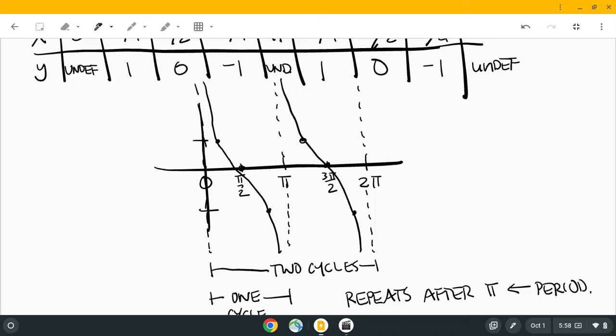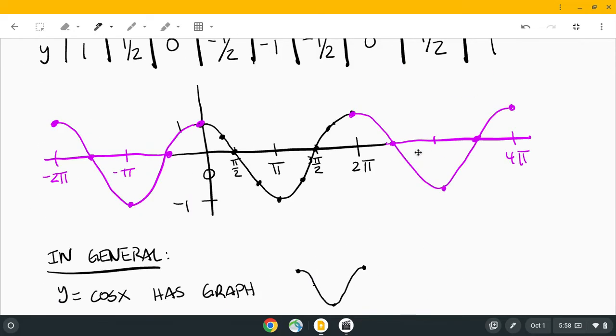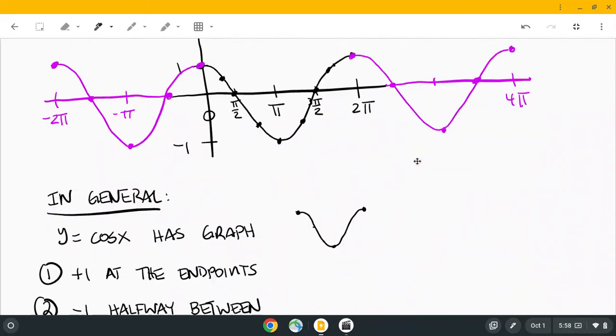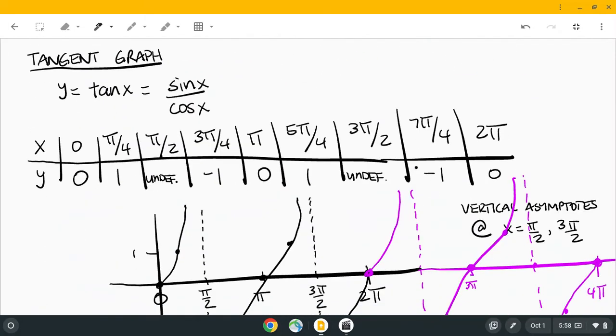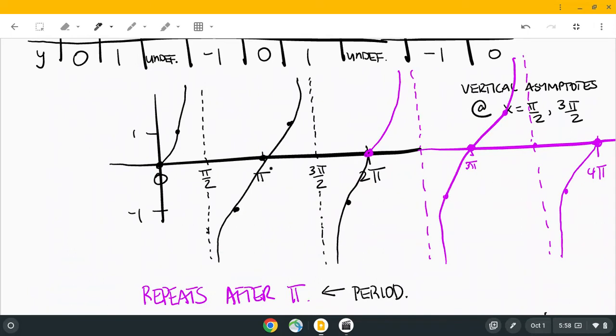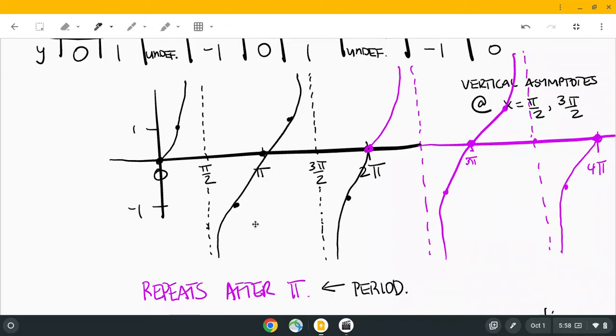Whereas tangent, ignore the purple part, we see two snakes, except we see one fully connected snake, and the other one is kind of disconnected. The top half is over here, while the bottom half is over here. But still from 0 to 2 pi for tangent, we also get two cycles.